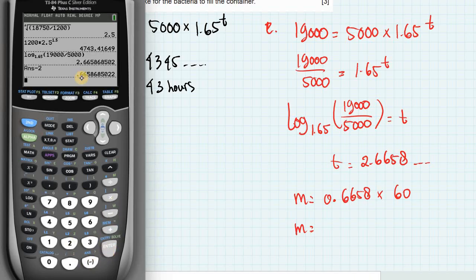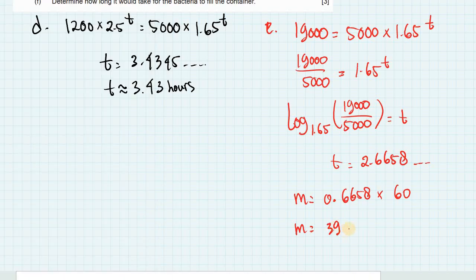Why do we minus it with 2? Because we want to find this one, 0.66 and so on, and then we multiply it by 60. What do we get? We have 39.95. Remember, to the nearest minute, so m is approximately 40 minutes.